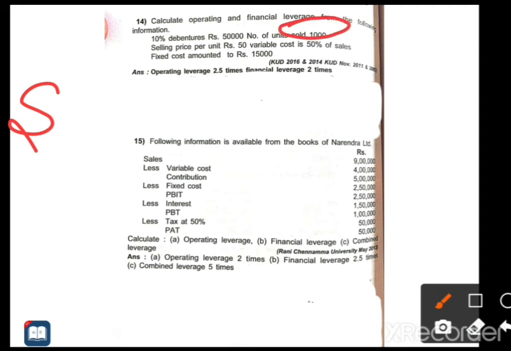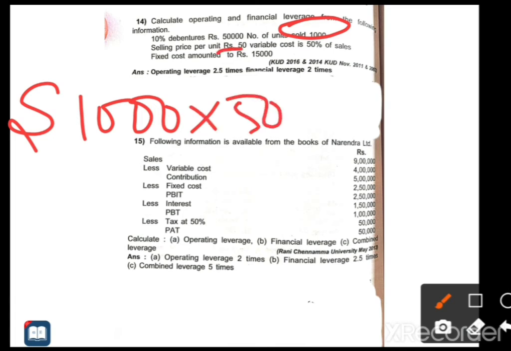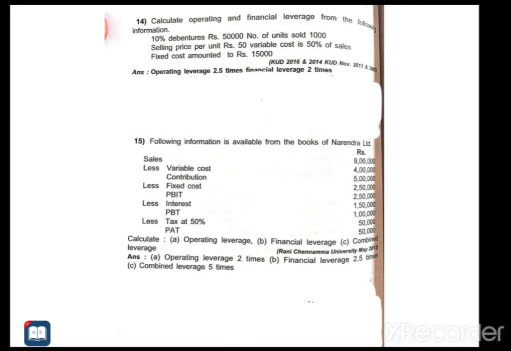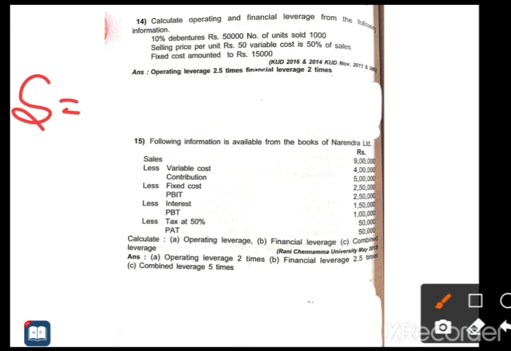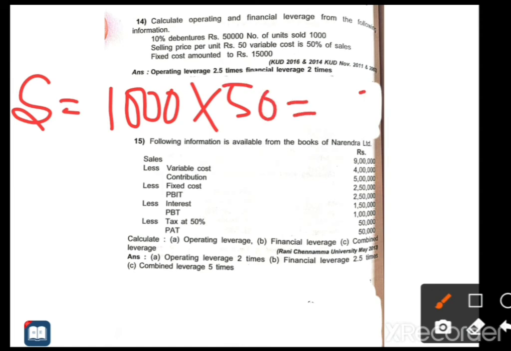Number of units is 1,000, into the selling price per unit of 50 rupees. So 1,000 into 50 gives 50,000. Sales is 50,000.